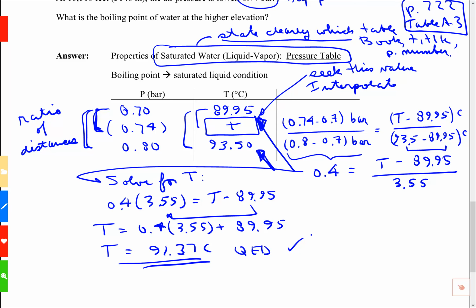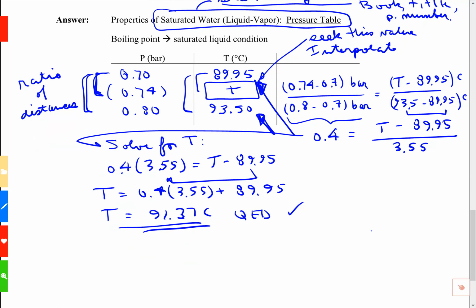All right, what are the consequences of a lower boiling point? What's the impact on your life? Well, if you're at an elevation where there's a 91 degree centigrade boiling point instead of 100 centigrade, it takes longer to cook things.